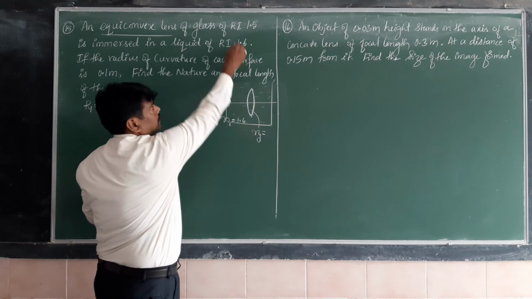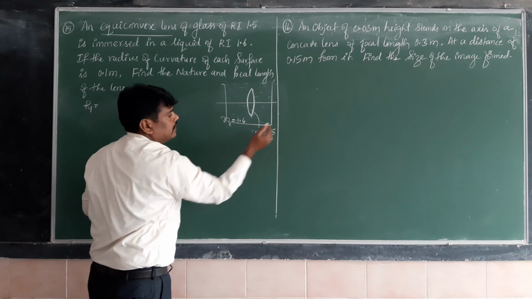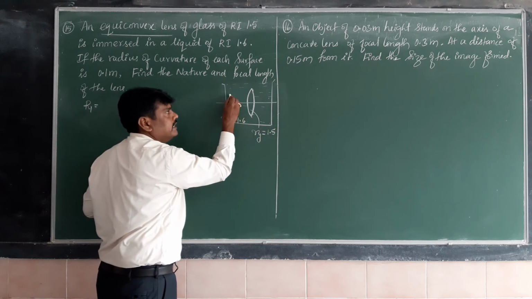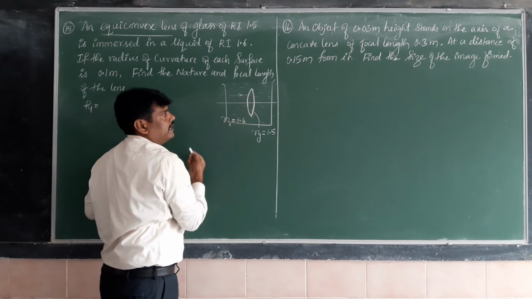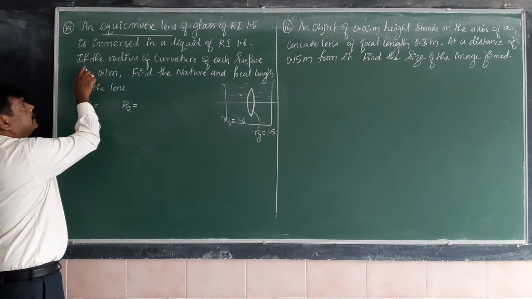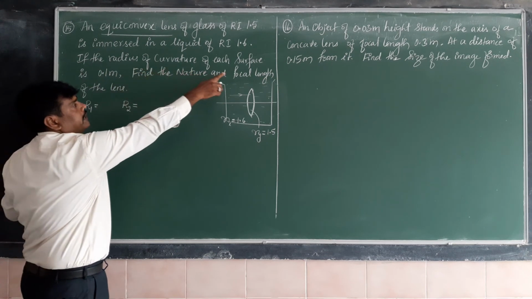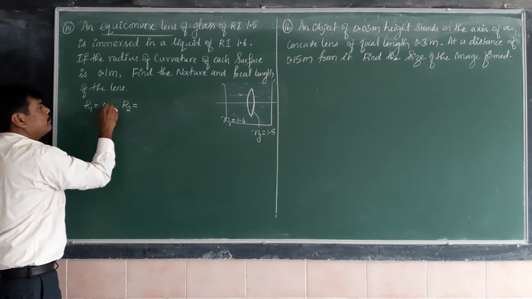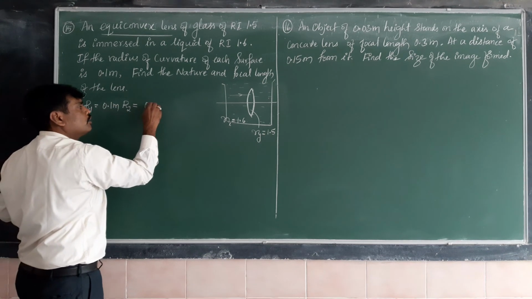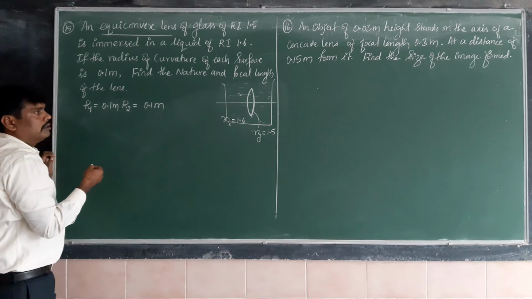NG is also given, 1.5. Now the light is traveling from 1.6 to 1.5. Say in this direction, let us consider light is traveling. The radius of curvature of each surface is 0.1 meter, first one, second one is also the same, 0.1 meter.